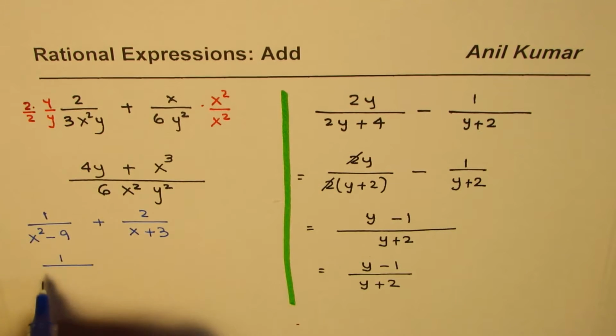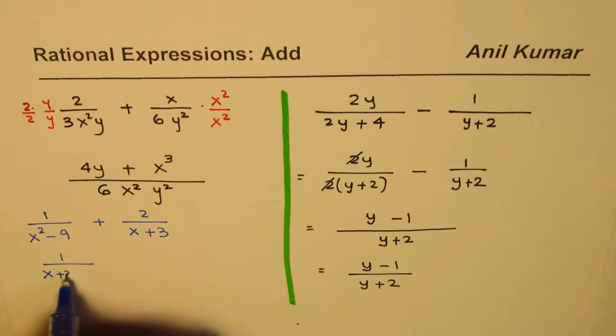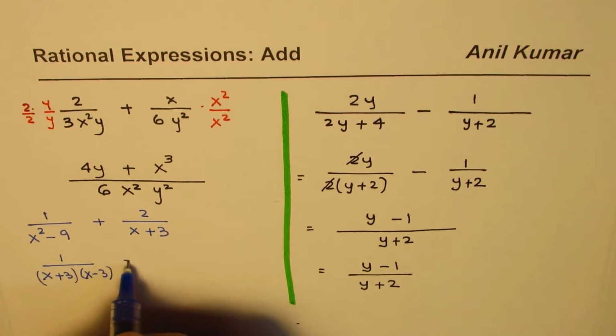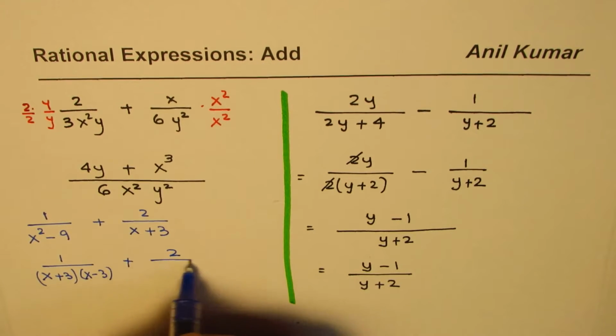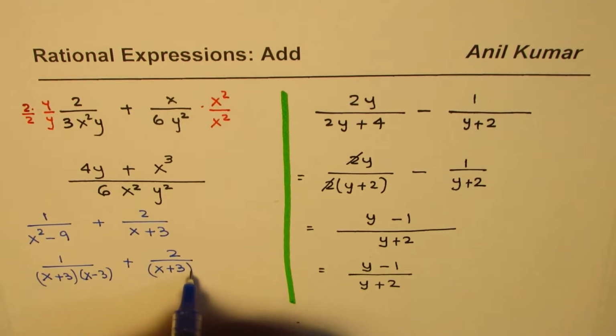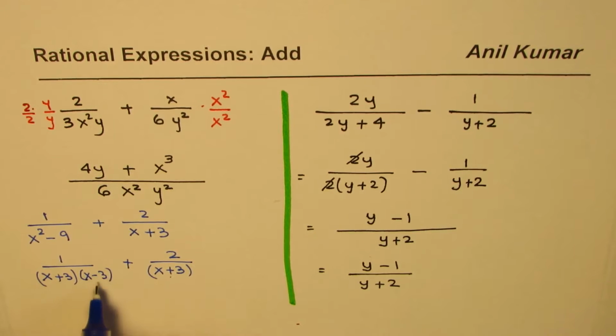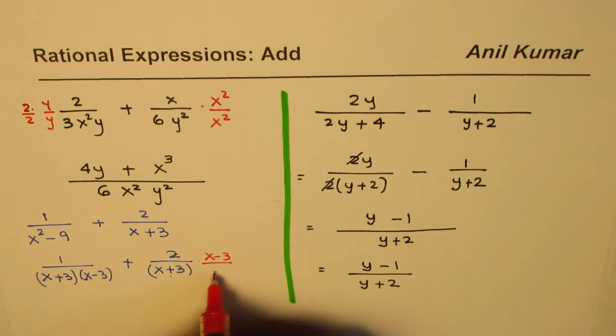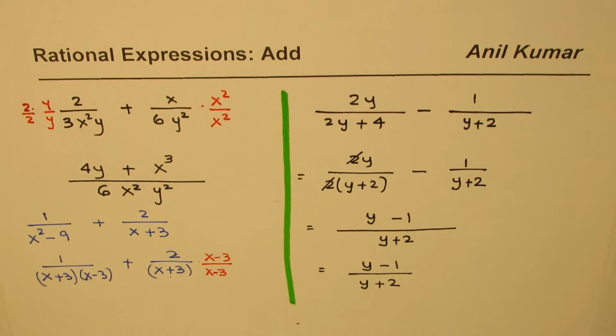If you factor the first one, you can write this as x plus 3 times x minus 3, right? The other term is 2 over x plus 3. Now in the denominators, you notice x plus 3 is common, but the second one does not have x minus 3. So what we can do is, we can multiply this one by x minus 3, both numerator and denominator. So they have common denominators.